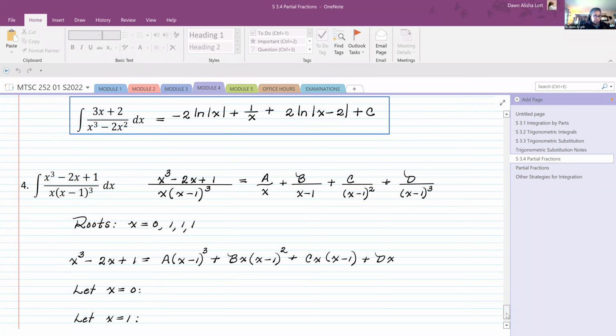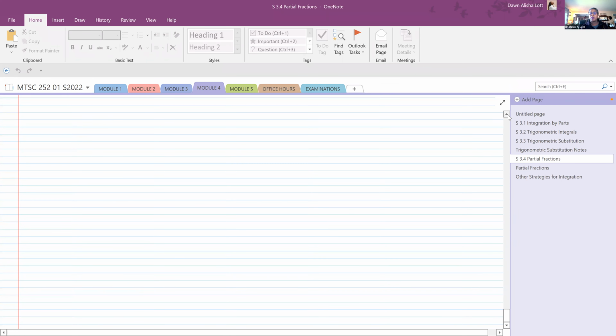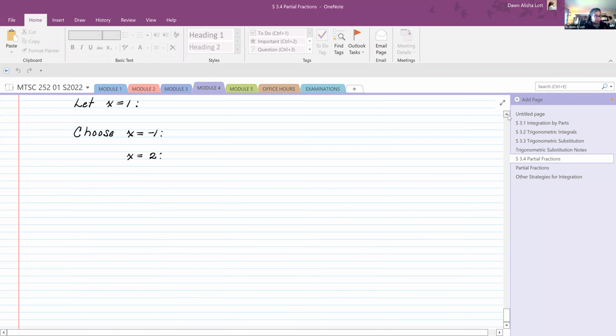So with the repeated root of 1 three times, we only have one root of 0 and the root of 1, but we have four variables to solve for: A, B, C, and D. And so therefore, what we ended up doing was I told you to choose two other parameters. So choose maybe x equal to -1 and x equal to 2. And then when you do that, you should have been able to solve for everything.